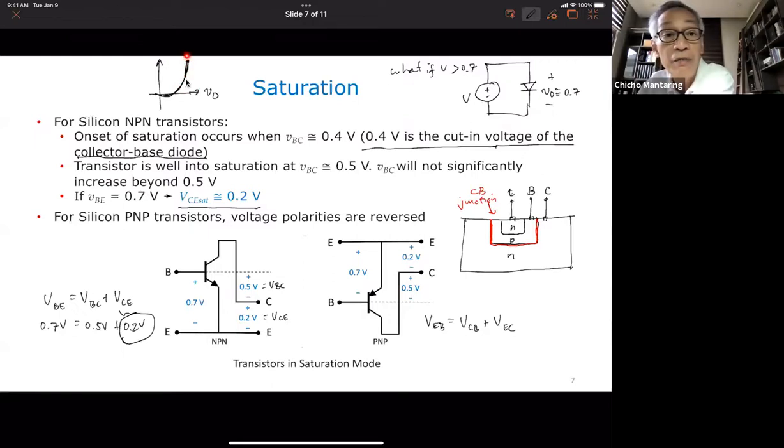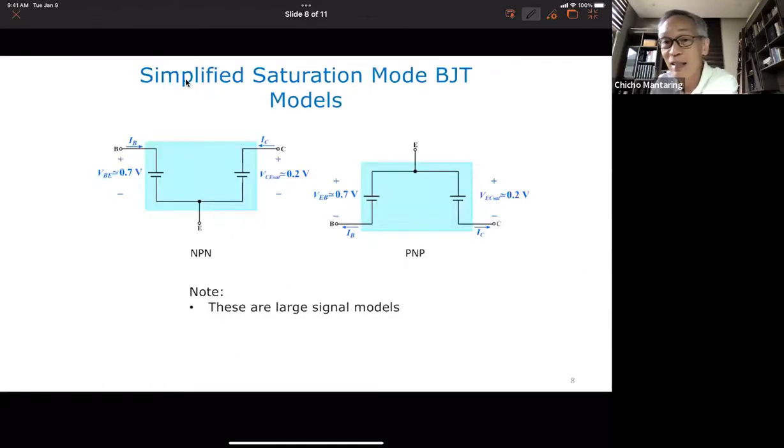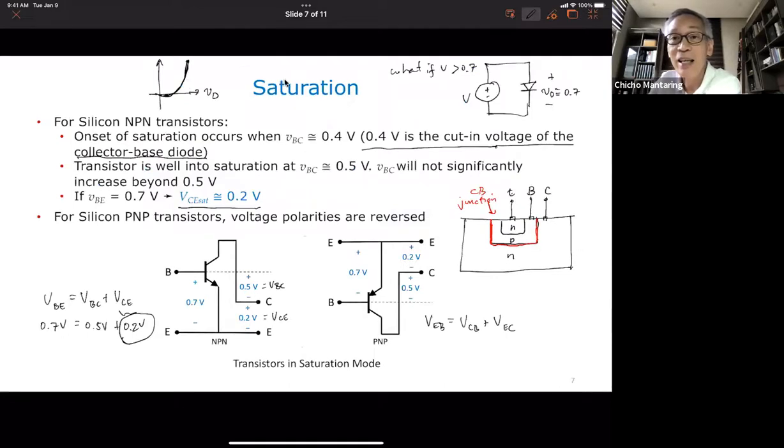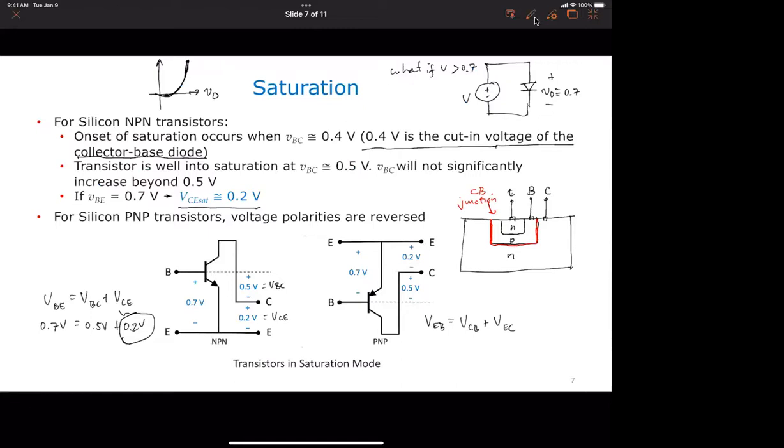Very, very high. In other words, my current is going to be very, very high. What do you expect to happen when the current is too high? Anyone? What will happen if my current is very high? Student: The component will be destroyed, sir.